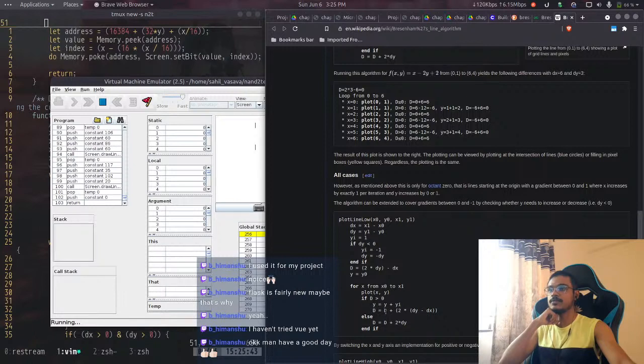But wait a minute. They are not incrementing x here.